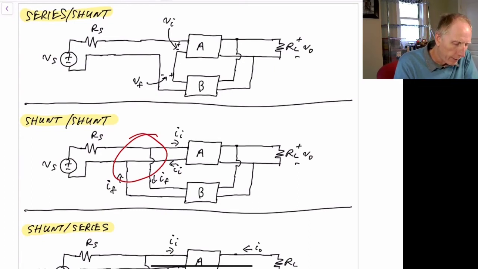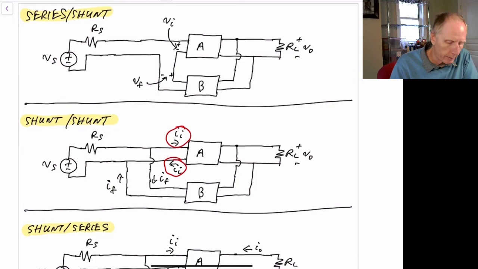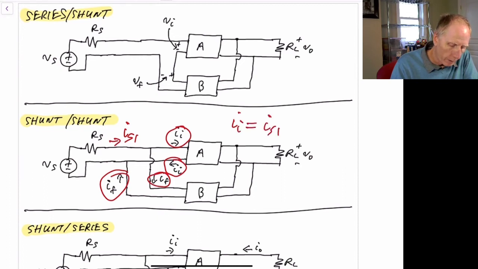And again, in this case here, if this is the I sub I going into and coming out of this amplifier circuit, and we have our feedback currents over here, and this is I sub S1, then we have that I sub I is equal to I sub S1 minus I sub F. And so we subtract them off by using a parallel combination.